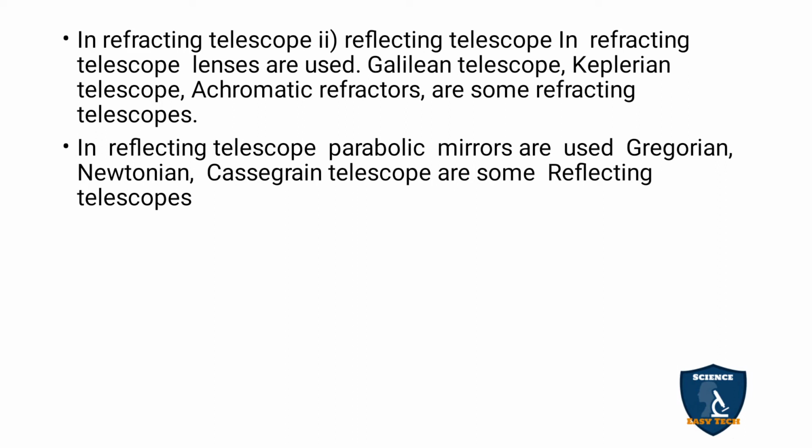So refracting ones use lenses, reflecting ones use parabolic mirrors. Examples of refracting are the Galilean telescope, Keplerian telescope and achromatic refractors, while in reflecting they use Gregorian, Newtonian and Cassegrain telescopes.